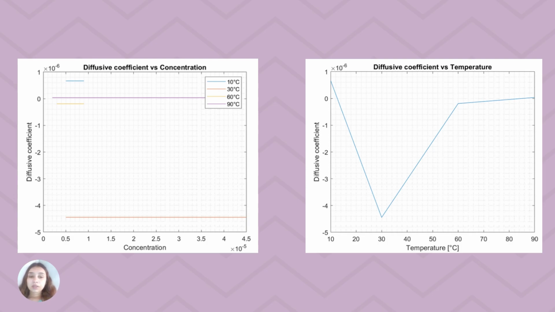This implies that if van der Waals interactions exist between the molecules to be diffused and the molecules of the medium, it will be more difficult for them to diffuse. In the graph, we can see that the coefficient is constant with respect to concentration, but varies with respect to temperature.